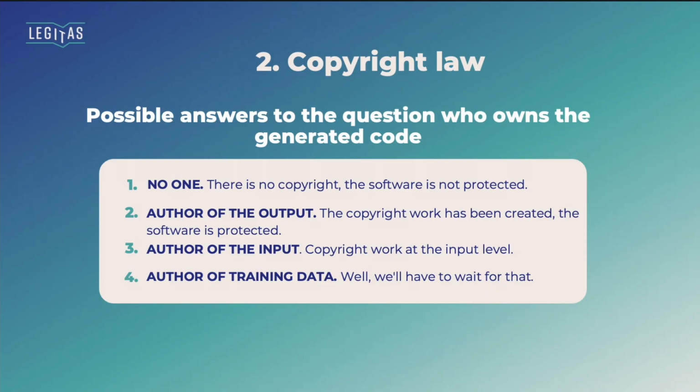It could be the author of the input who actually put in the prompt. And it could also be the author of the training data, because ChatGPT trained on that data, and based on the data, it was able to develop that software for me. So the question is, should the author of the training data be the author of the actual software?